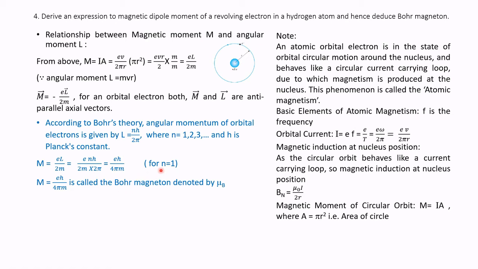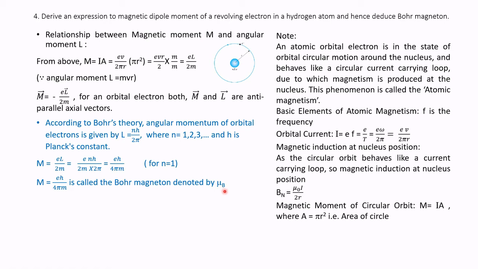So, for Bohr's magneton, we take the value of n as 1. Therefore, M is equal to eh by 4 pi m, and this is called Bohr's magneton, and for n is equal to 1, it is denoted by mu b.